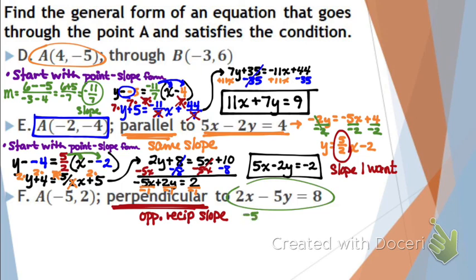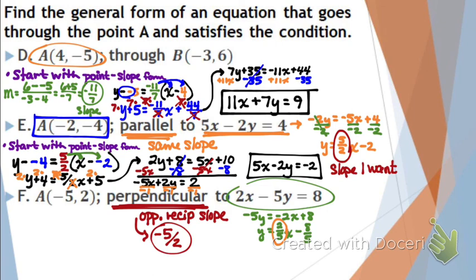So negative 5y equals negative 2x plus 8. Y equals 2/5 x minus 8/5. So here's the slope of the line they gave me. What is the opposite reciprocal that I want to be using then? Negative 5/2.